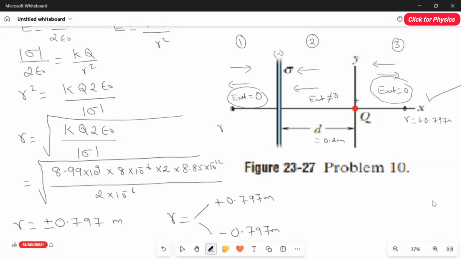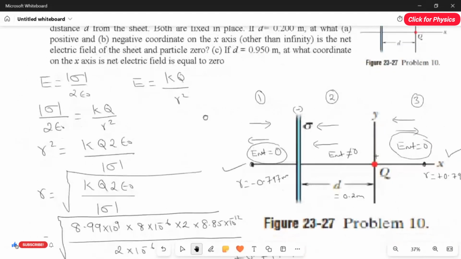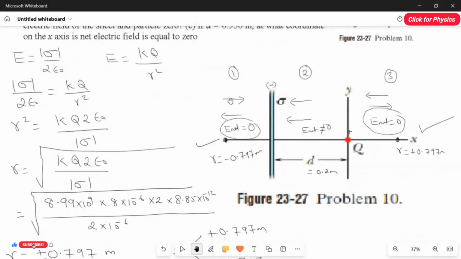That means R equal to minus 0.797 meter is also considered, because in both places your net electric field is 0. That's the reason they ask in the question that you have to fix the positive and the negative coordinate on the x-axis, where the net electric field by the sheet and the particle should be equal to 0. When we fix the positive value and the negative value, your net electric field at these locations is 0. That means two values are considered.